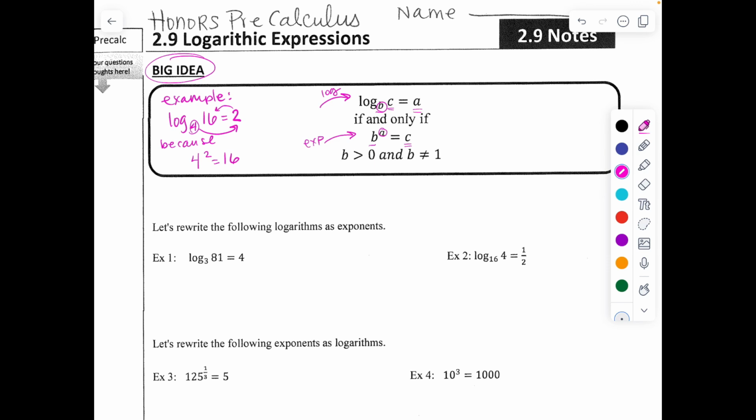Keep in mind, this only works if the base of the log is greater than 0, but it also cannot be 1. Okay, so those are your constraints. The base value that we're using cannot be negative. It's got to be greater than 0, but it also cannot be 1.